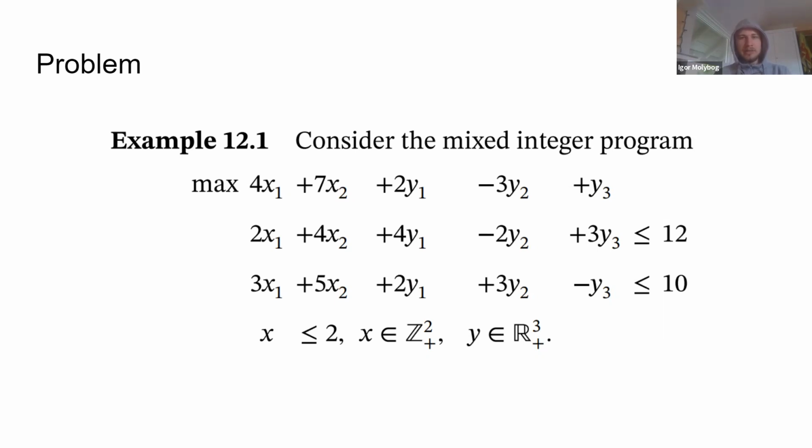So let's consider the mixed integer programming problem. This problem consists of a linear objective function and two general form inequalities, a single inequality on the value of x.